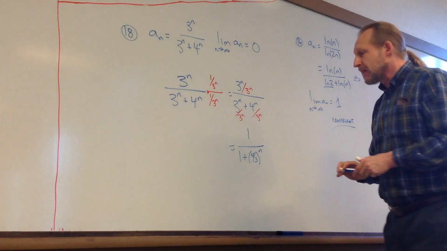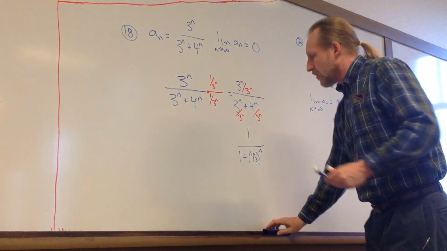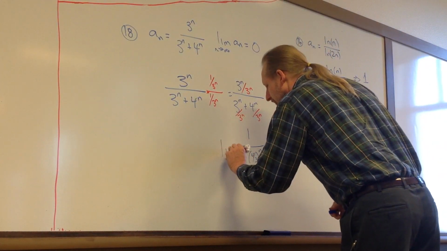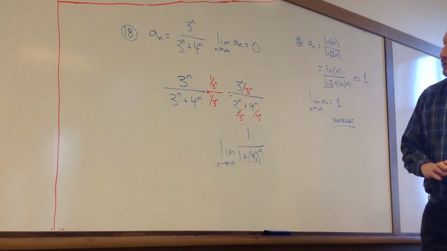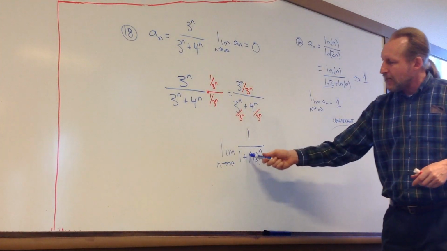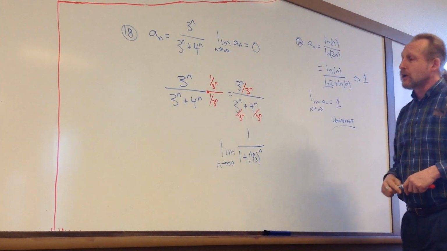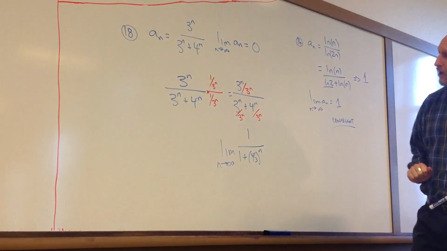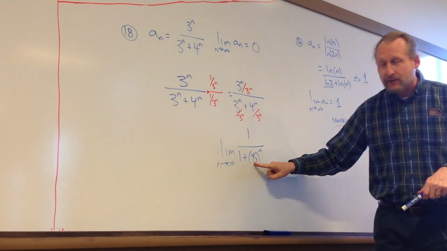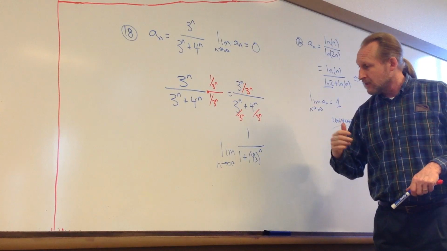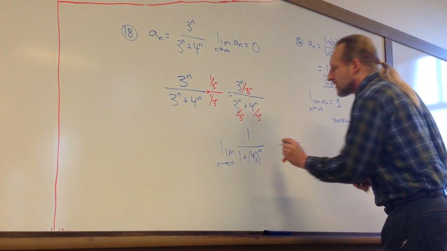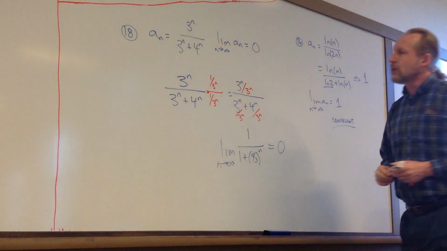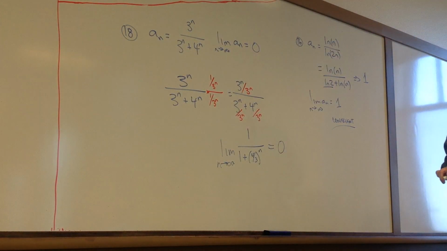So now it becomes really straightforward to find the limit for this expression as n approaches infinity, right? Just the same way that when you take a fraction and raise it to infinitely large powers, it goes down to 0. If you take a number greater than 1 and raise it to infinitely large powers, it goes to infinity. So we've got a denominator here that's going to infinity, and so our limit here should be 0.